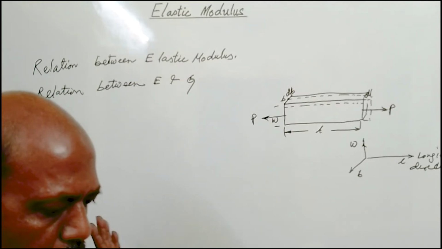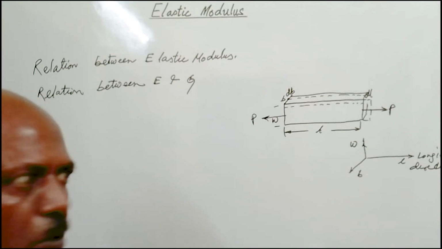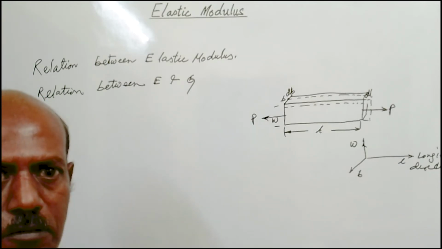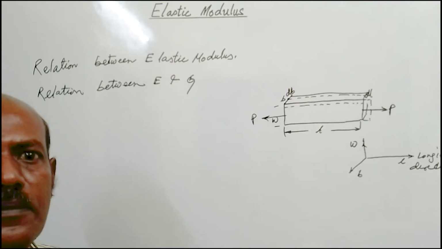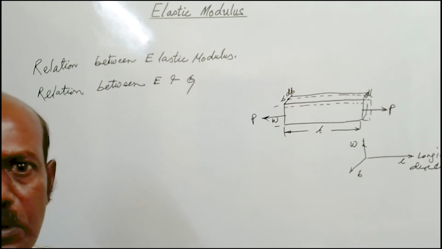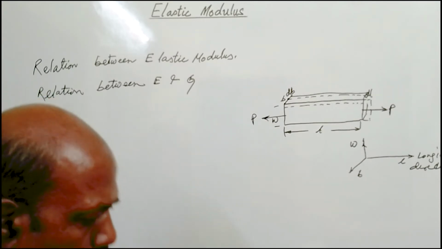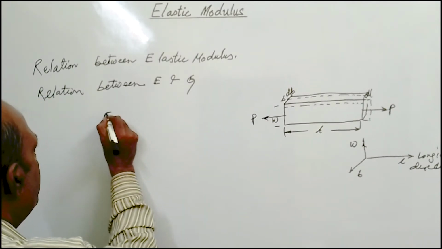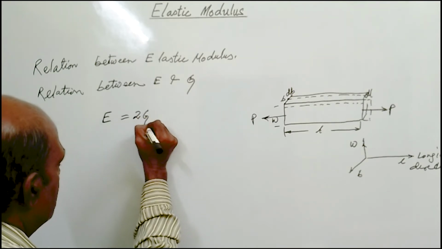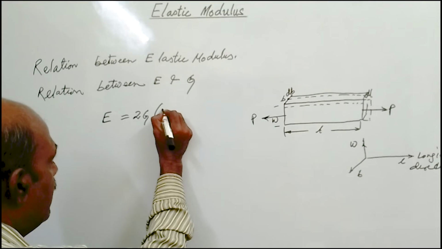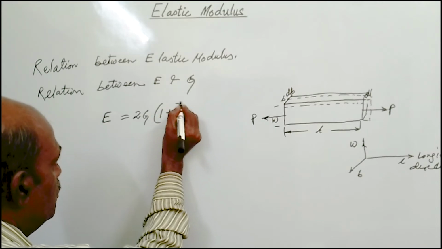There is a small proof given in every book, so you can directly write this and you have to remember this for solving the problem as well as for any competitive exam. These questions may come directly. So E is equal to 2G into 1 plus nu.